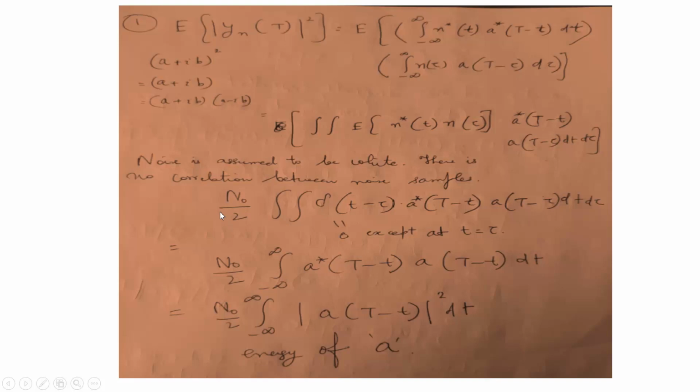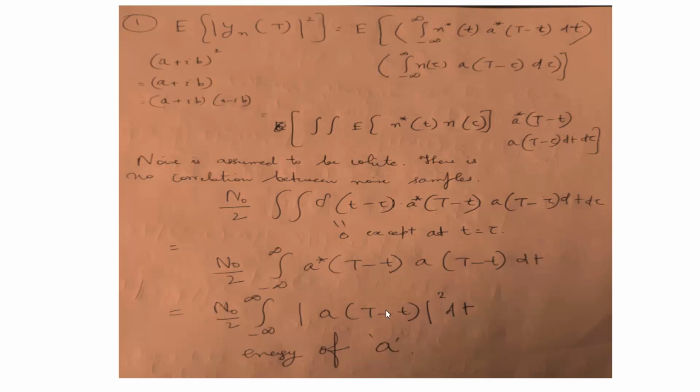So the noise power is given by N naught by 2 times the energy of A. This is how we can calculate the noise power. This is a well established relationship, and I need not go into this.